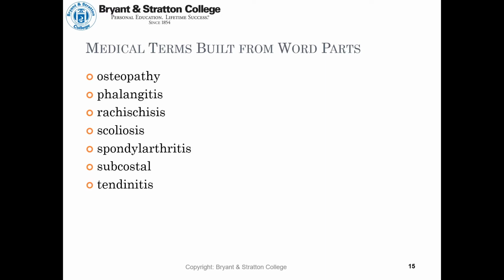More words here: osteopathy, a condition of the bone; phalangitis, inflammation of the phalanges. Subcostal is actually a very important term because it applies to below the ribs. In fact, there's a very important nerve called the subcostal nerve. It can also be simply referred to as T12, but the subcostal nerve is very important for certain muscular functions.